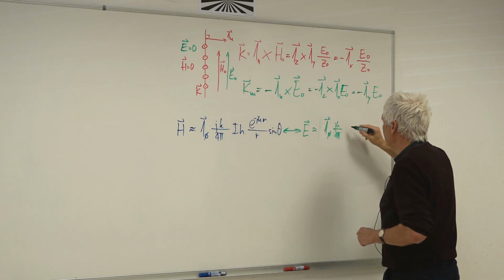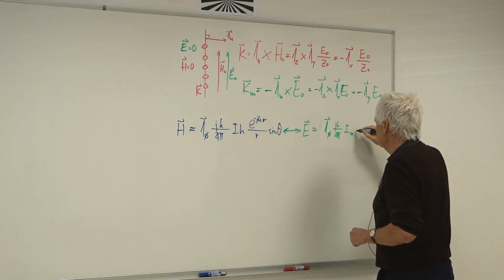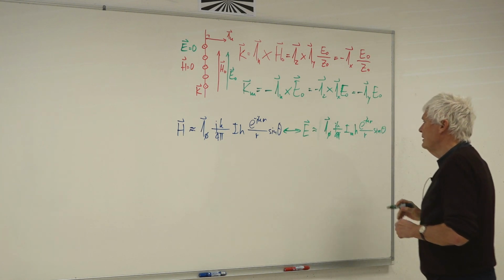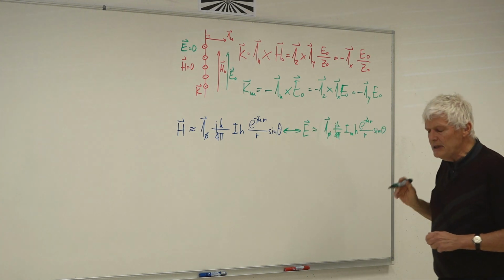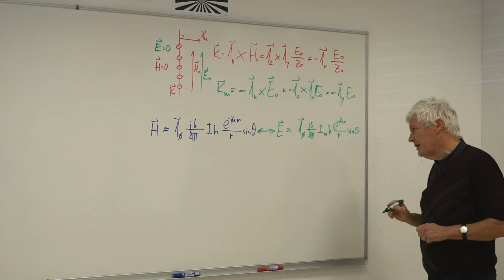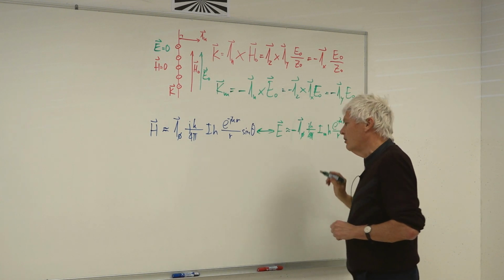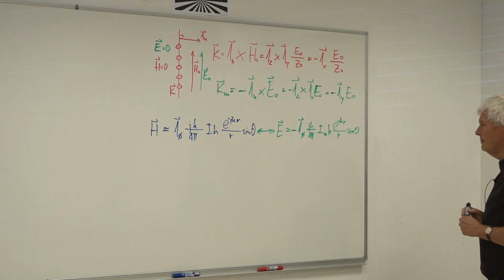It is also magnetic current times h, e to the minus jkr over r sine theta. And because of the additional minus sign in the Maxwell equation, in the Faraday law, we also have a minus here. The only difference is this minus here.